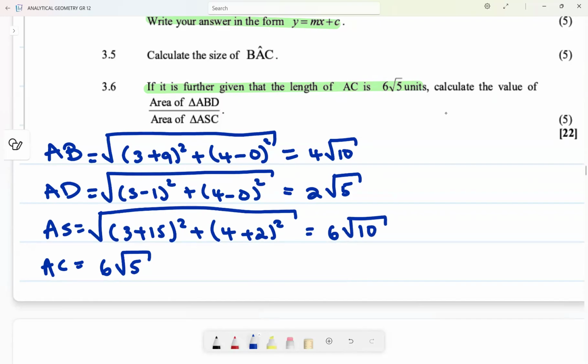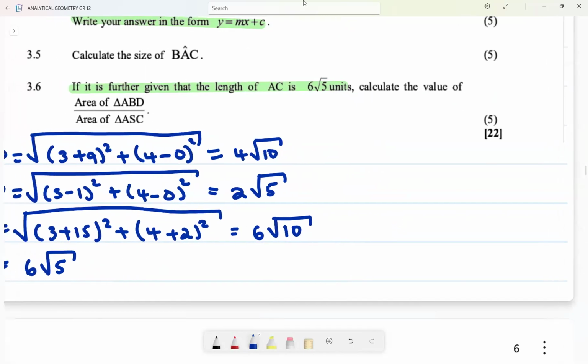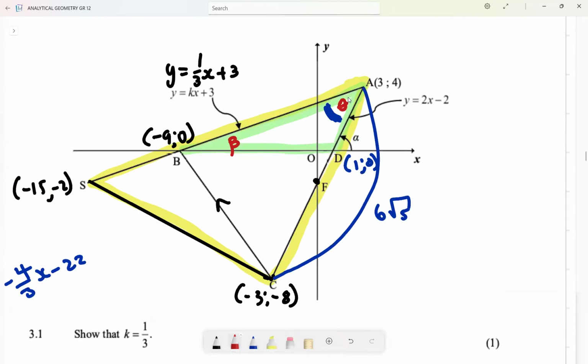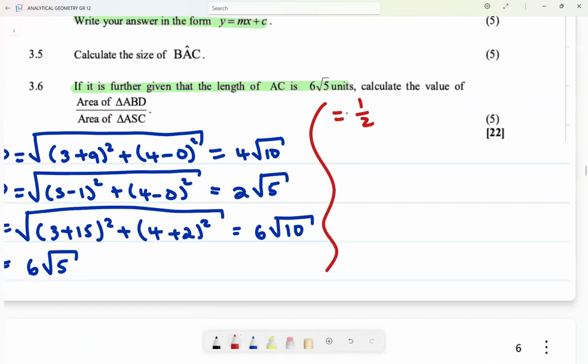Then I can find the areas of those. How? For the top one, it is going to be half multiplied by AD multiplied by AB multiplied by the sine of 45 degrees, the green triangle ABD.